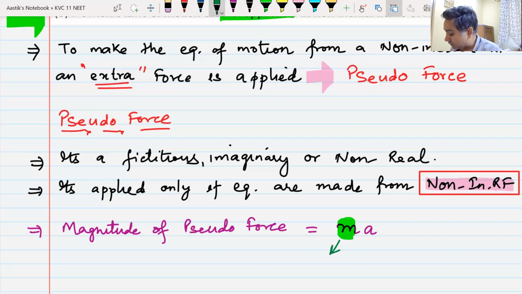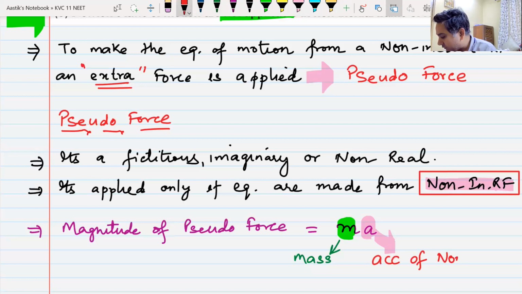M is the mass of the object. And what is a? A is not the acceleration of the object. A is the acceleration of your non-inertial frame. Do we understand this?